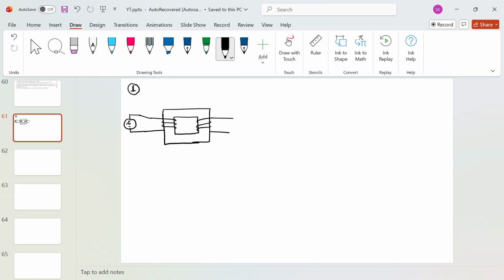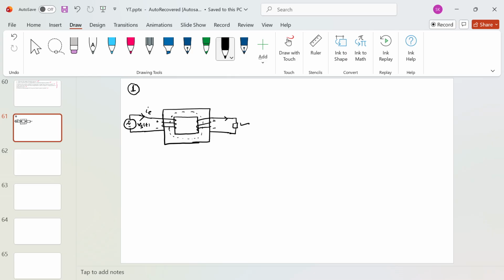Because of this electrical energy, it will draw a current that we call the exciting current, and it is an AC source, Vs of t. Because of this AC source, an exciting current will flow, and a flux will be set up in the magnetic core. This magnetic flux will induce a voltage at the secondary, and also at the primary. And if you connect a load here, then the energy will be given to this load.